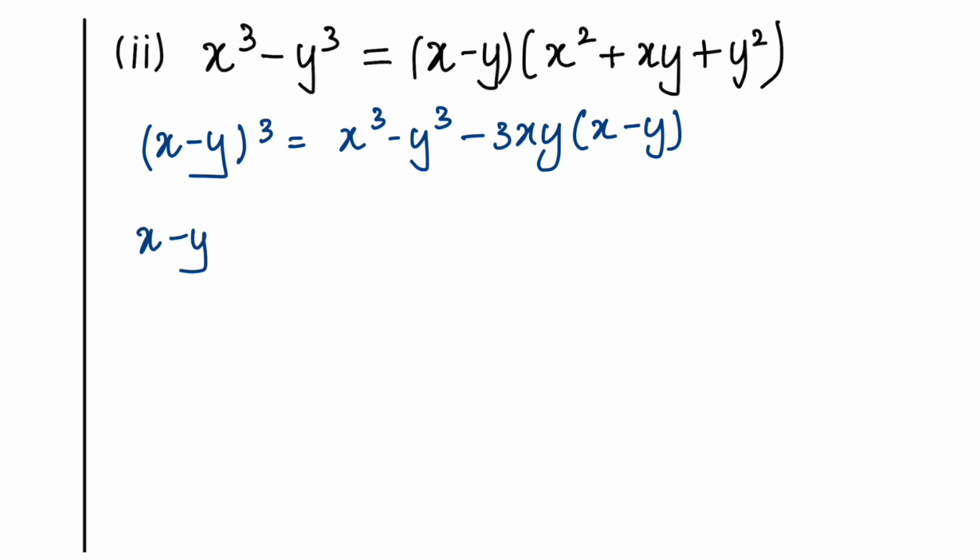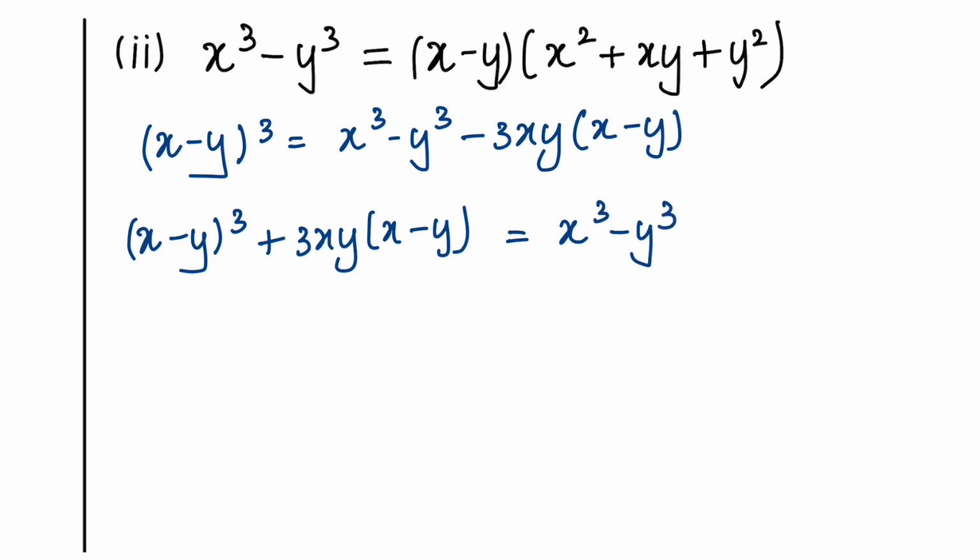So we have x minus y the whole cube plus 3xy into x minus y. It becomes plus because it has come to the other side, right? Or in other terms, you have added 3xy into x minus y on both sides, and that is equal to x cube minus y cube.